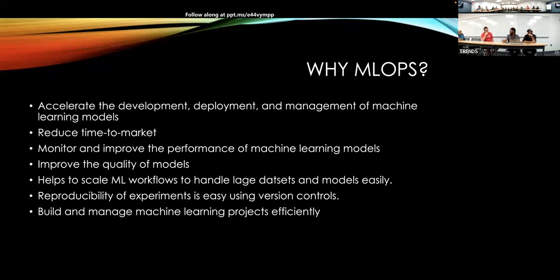We call it CI/CD, continuous integration and continuous deployment. For any task, we can automate it. For example, if we change a Python file, we can run unit tests automatically by using GitHub workflows, all those things.